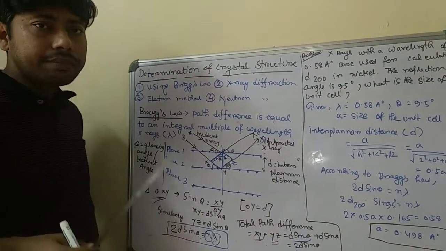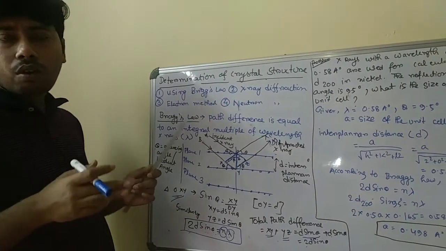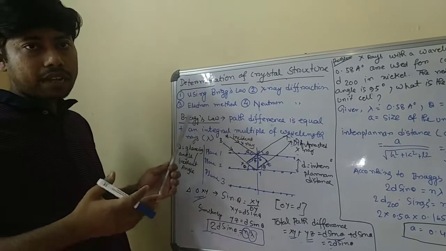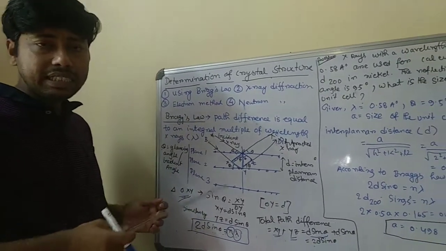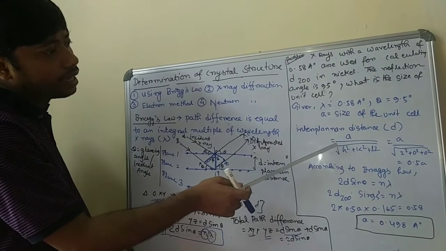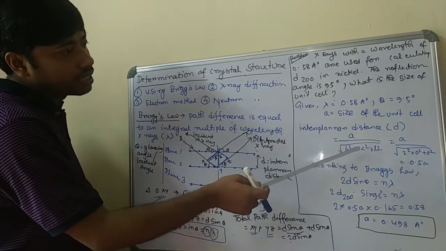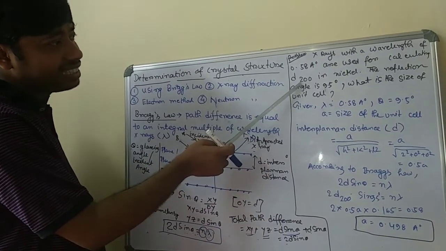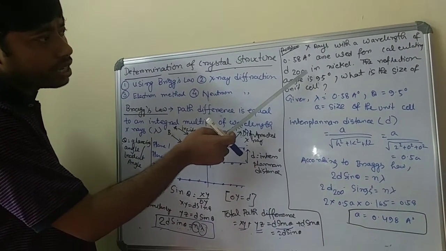You know that the perpendicular distance between the origin of the cube and the plane, that is d, is equal to a divided by under root of h square plus k square plus l square, already proved. Now d200 means h is equal to 2, k is equal to 0, l is equal to 0.